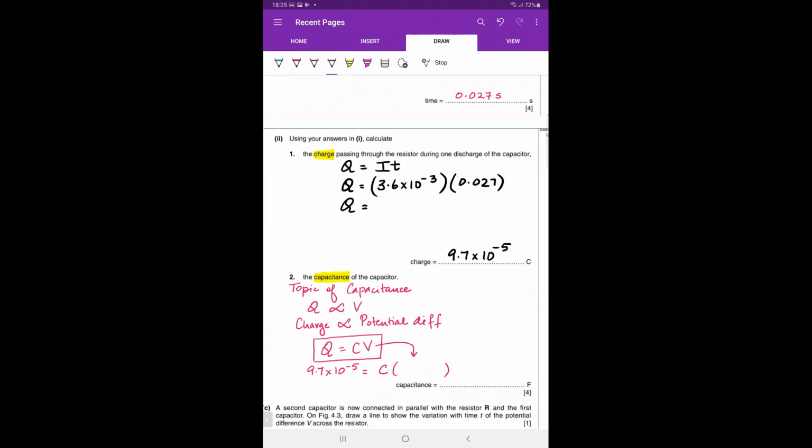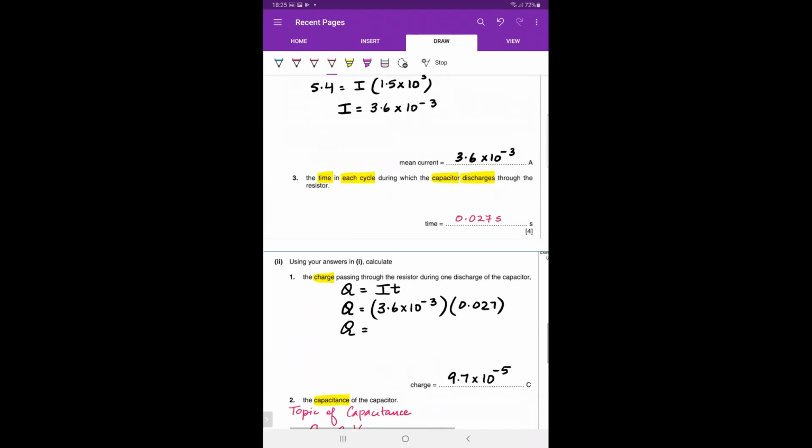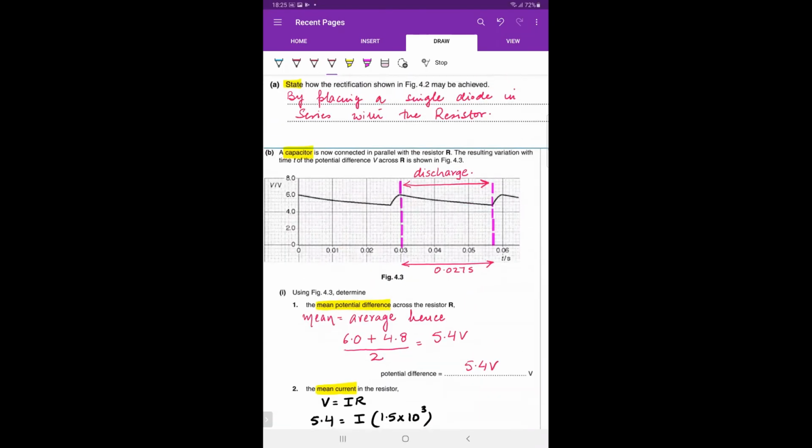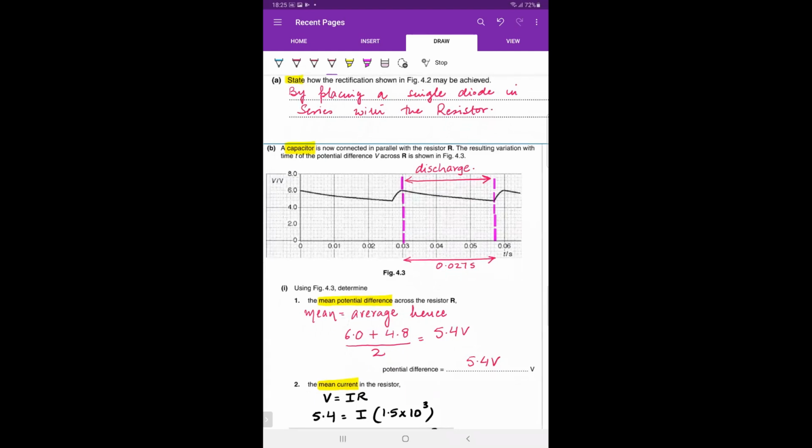Potential difference के लिए I need to go back to the graph. मैं ग्राफ पे ही लिख देता हूँ, तो आप जरा चेक कर लीजिएगा. If the voltage drops from 6 down to 4.8, so potential difference कितना बनेगा, यहीं पे लिख देता हूँ. फिर इसको लास्ट पार्ट पे कॉपी डाउन कर लूंगा.